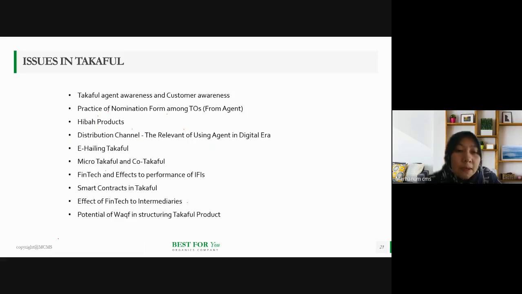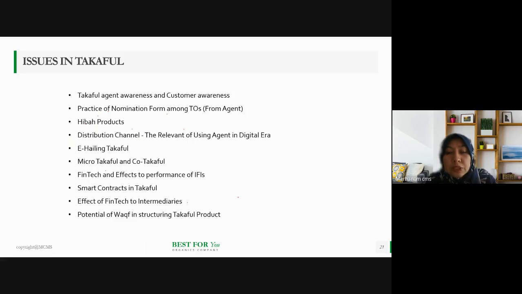Okay, and then the potential of wakaf in structuring Takaful products. For the past years I have built one framework of wakaf-based Takaful for flood victims. Wakaf can exist in Takaful when participants subscribe and pay contributions, and a portion of the contributions is meant for wakaf purposes. For example, the participant gives 100 ringgit and informs the Takaful operator that 10 ringgit is meant for wakaf.